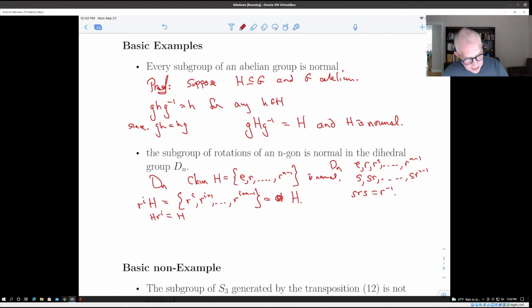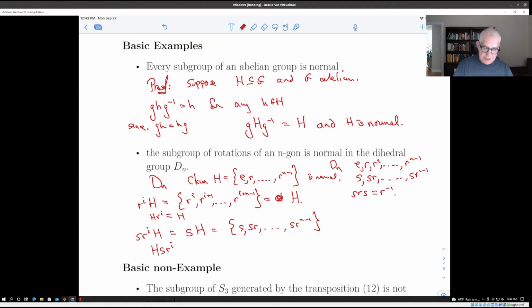And so the only other thing we have to check is the element S. If we look at SR to the I H, this is the same as SH, and that consists of S, SR, out to SR to the n minus 1. But what about H SR to the I? That would be the other coset.